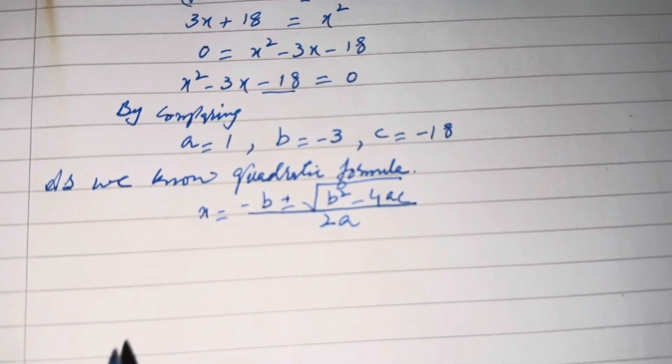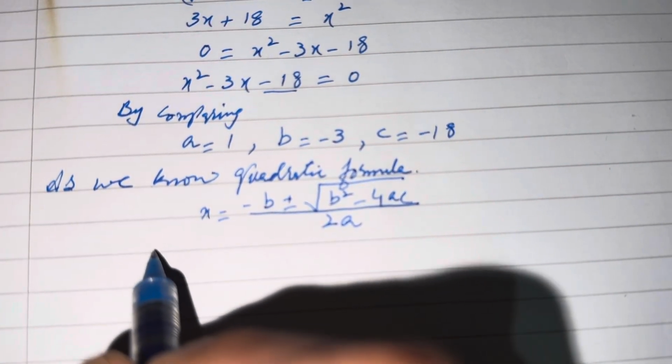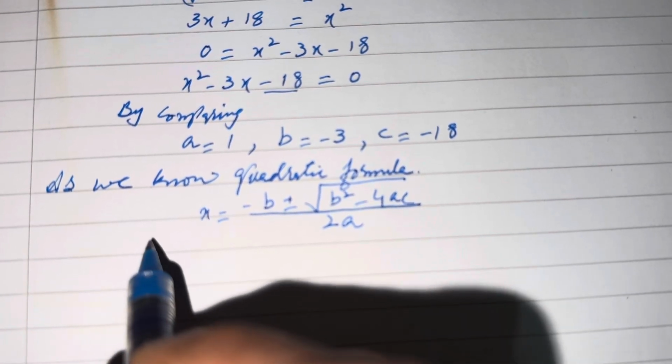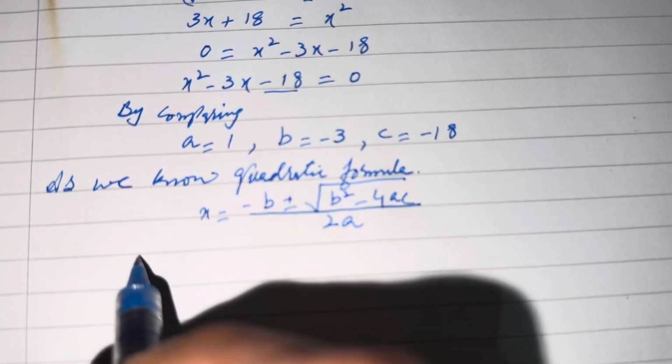So now putting the values of a, b, c in the formula, we can simplify to find the values of x, or you can say the solution set of the equation.